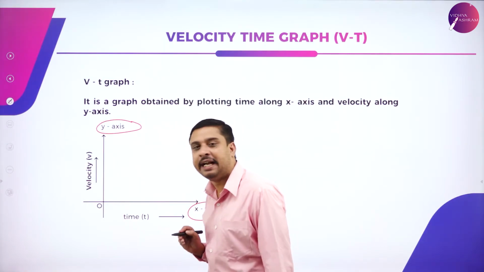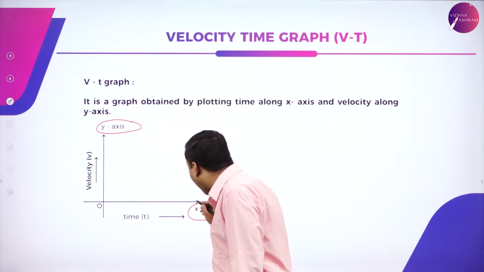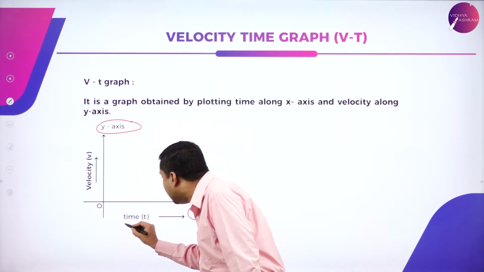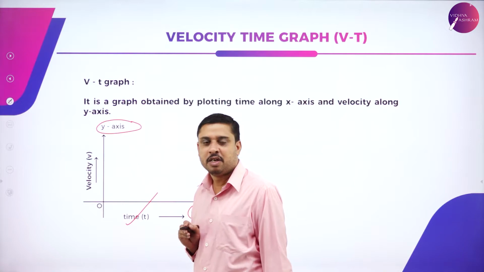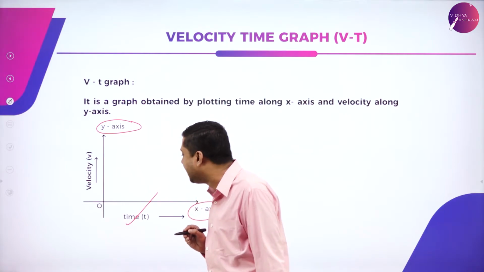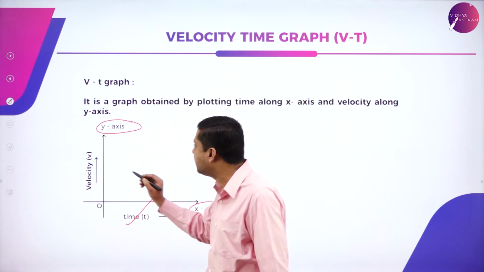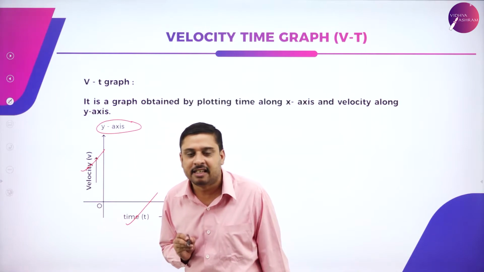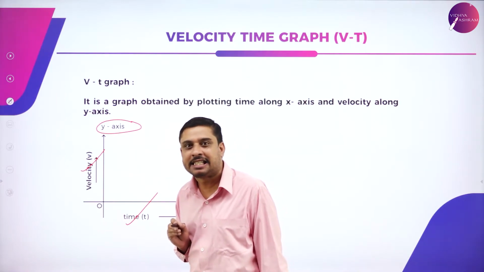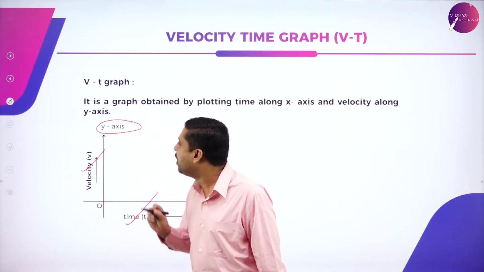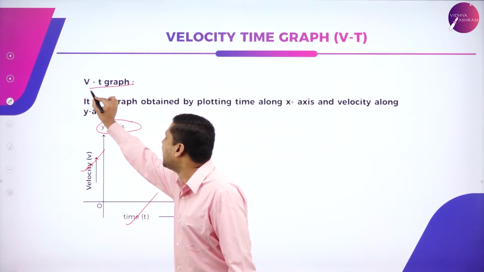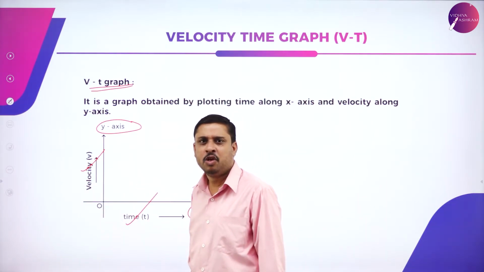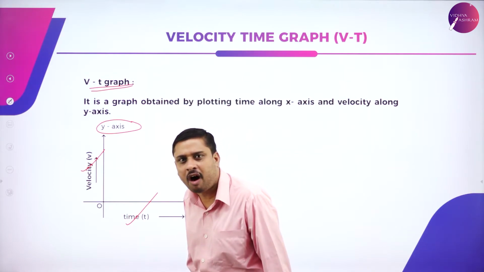If you observe, students, which quantity is plotted along the x-axis? It is time. So I am plotting time along the x-axis and velocity along the y-axis. And such a graph is what we call a velocity time graph. See, simple in understanding, no exaggerations at all.